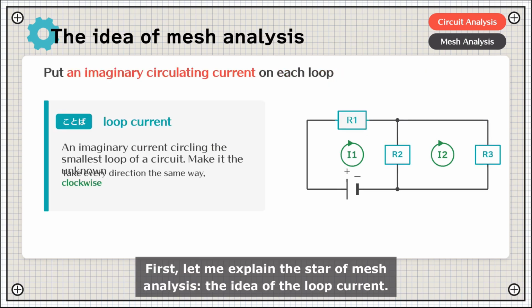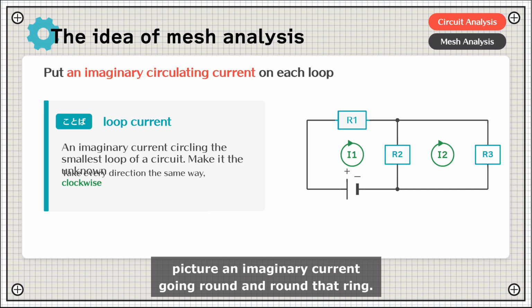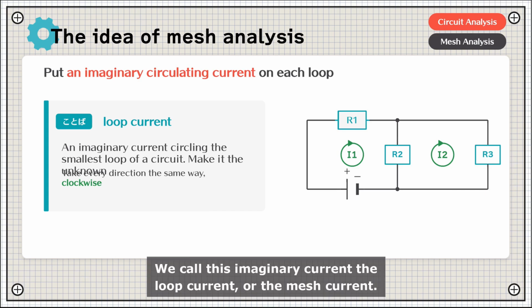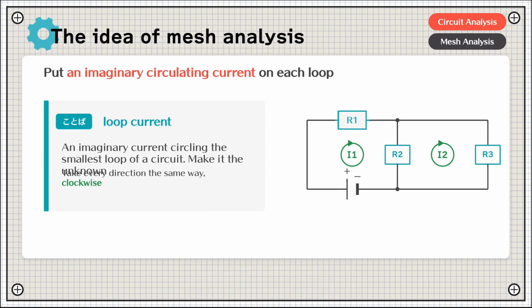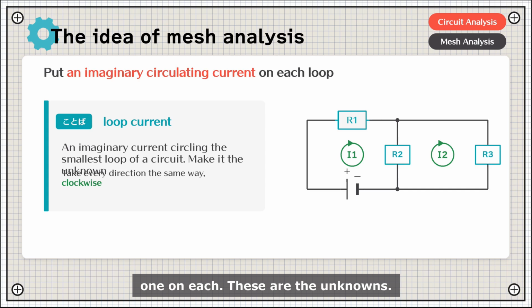First, let me explain the star of mesh analysis, the idea of the loop current. For each ring, each loop that forms in the circuit, picture an imaginary current going round and round that ring. We call this imaginary current the loop current, or the mesh current. For example, if there are two loops, we place two loop currents, I1 and I2, one on each.